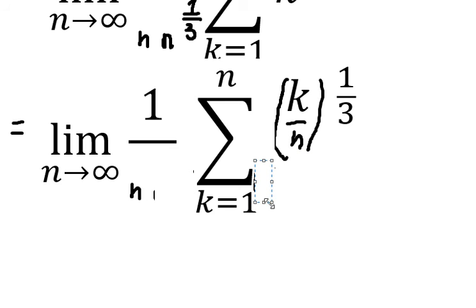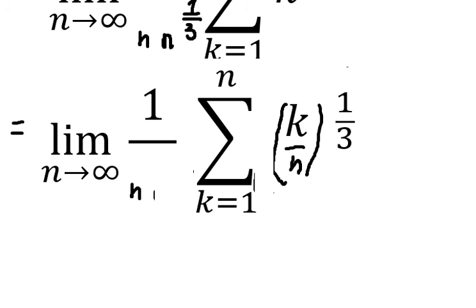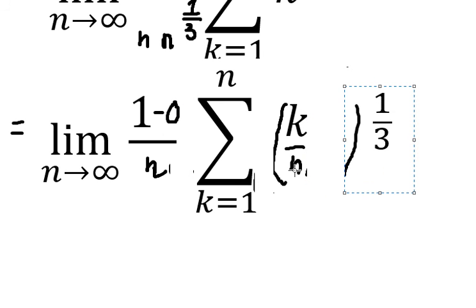So in this situation, about number 1, I can put 1 minus 0 in here. That's still number 1. And we know that we have number 0, so I can put number 0 next to k over n.